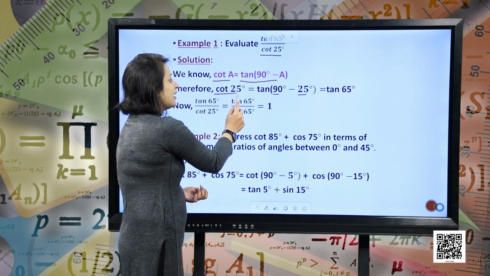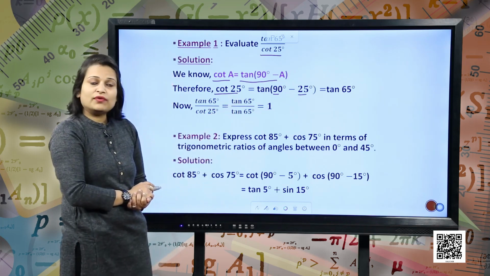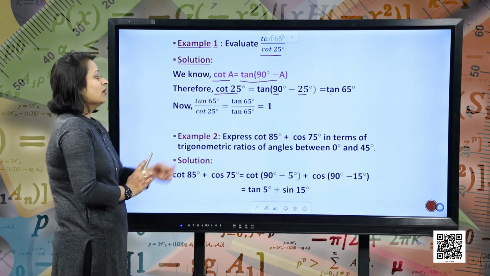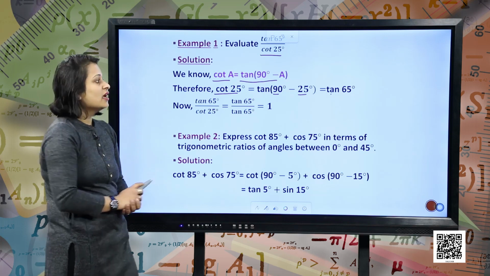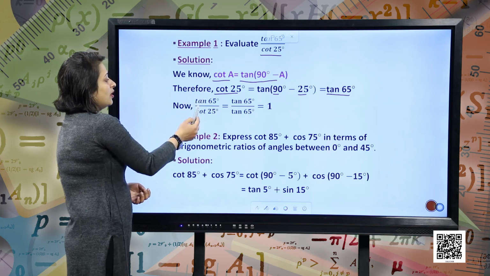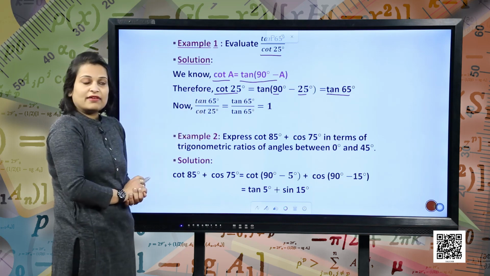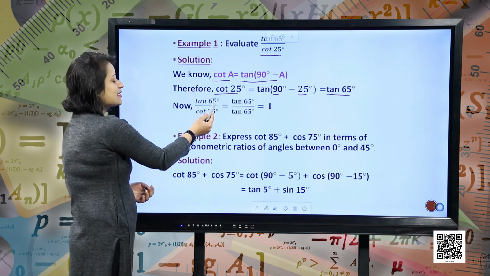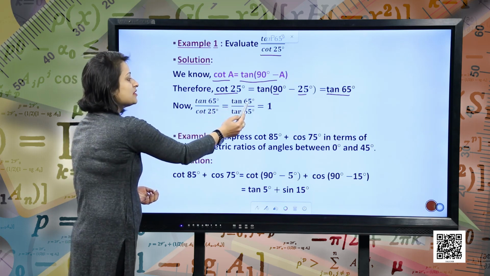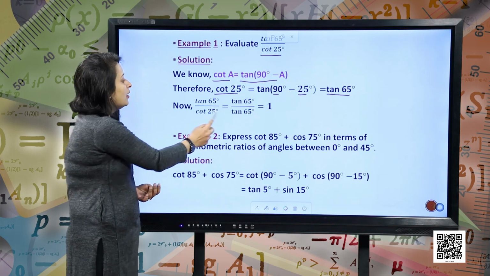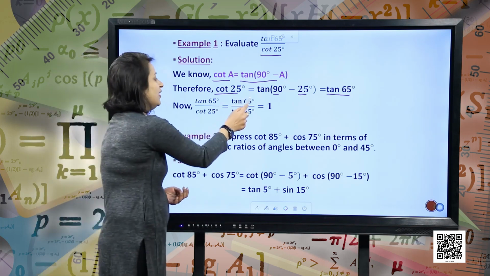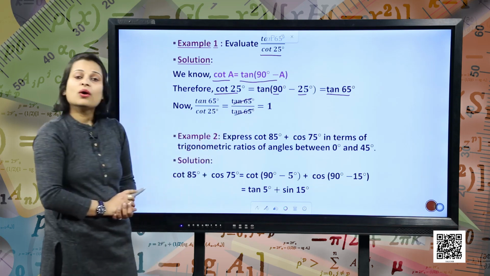Means we have taken this angle as A. So what will you get? Tan of 65 degree. So I can write cot 25 degree as tan of 65 degree. So just replace cot function by tan function. Tan 65 degree upon cot 25 degree is equal to tan 65 degree upon tan 65 degree is equal to 1. Because this will cancel out, you will get 1.